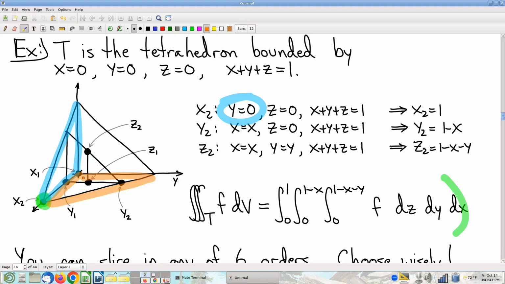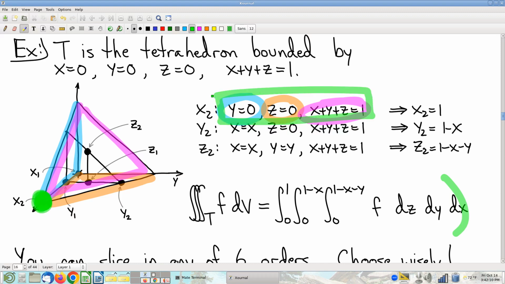Again, I can see that from the picture. I see where the point in question is from the picture. I see what planes it's on from the picture. That plane has that equation. And then lastly, I also see that this point is also on that plane, which has that equation. Right? So this point that I'm looking for, this point whose x-coordinate I need to understand, is on the intersection of all three of these planes.